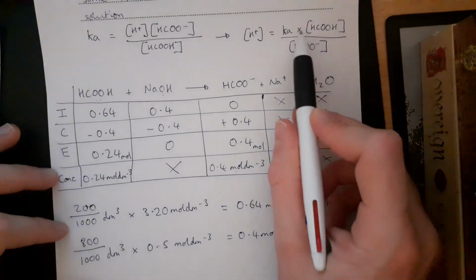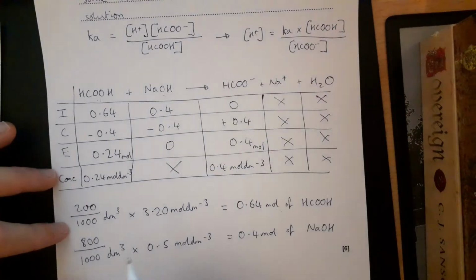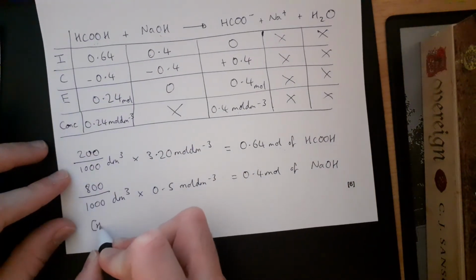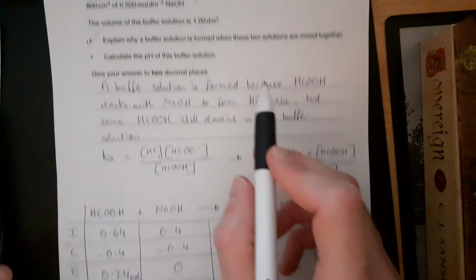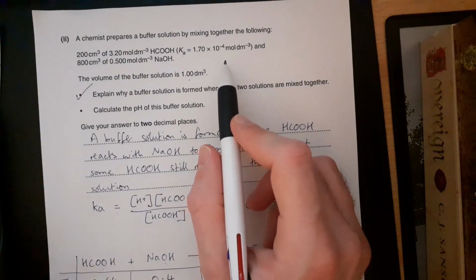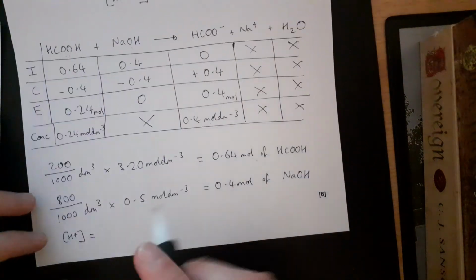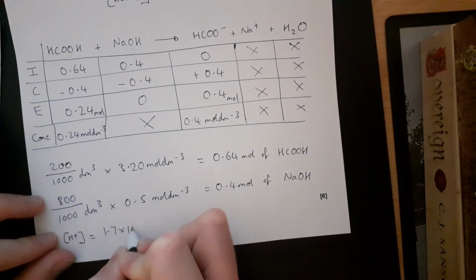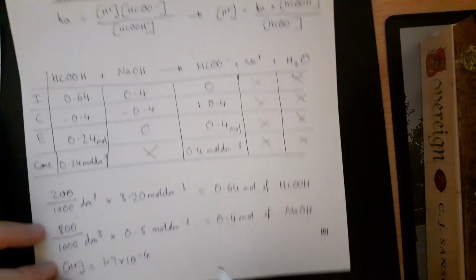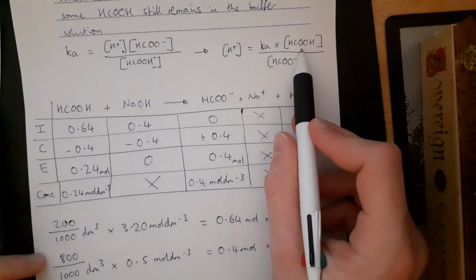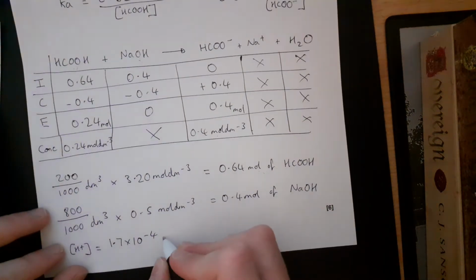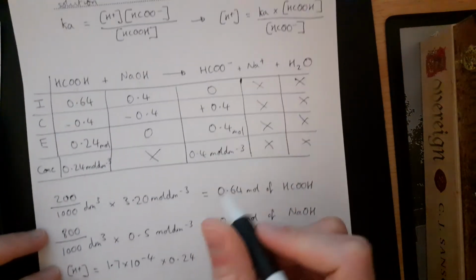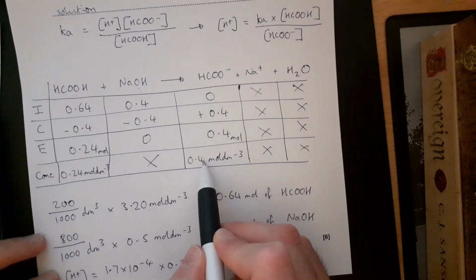We can substitute these values in here. So our H plus concentration is going to be the Ka value. Where was the Ka value? Right at the top, 1.7 times 10 to the minus 4. So it's going to be that, multiplied by the acid concentration, which is 0.24, and then divided by the methanoic ions, which is 0.4.